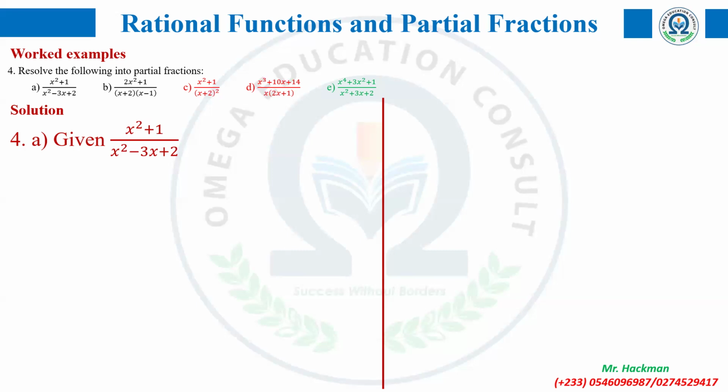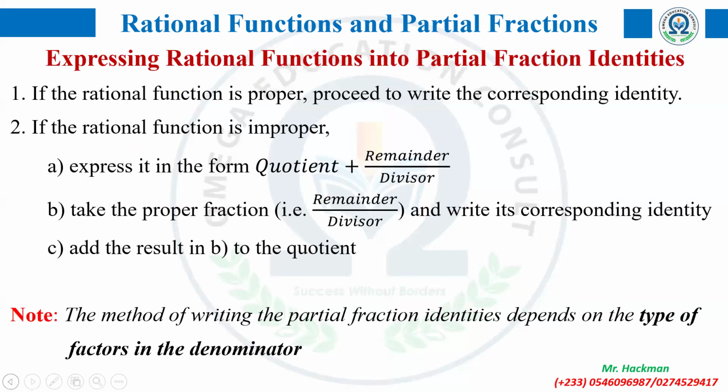Remember, I told you when you were writing the identities, you had this as one of the slides, and I explained that. So I will go back, and this is it. Remember, when we were expressing rational fractions as partial fraction identities, which is key in your resolution, we said if the rational function is proper, proceed to write the corresponding identities, which I said you consider the denominator.